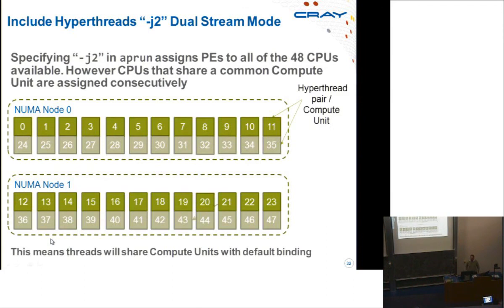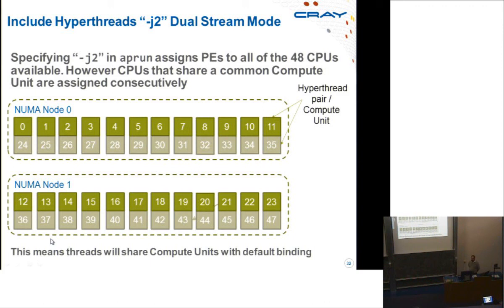So if we go back to this diagram, it seems sensible that you bind your process to, in this case, compute unit 0, and if you specify aprun -d2 to reserve a space for the thread, that thread you would want to be bound to compute unit 24 on that slide. But I think if I understand how it works at present, it would bind the thread to compute unit 1, which is maybe not what you want. So do you know how that actually works in practice?